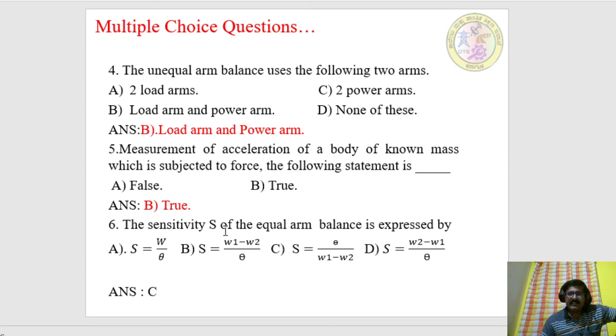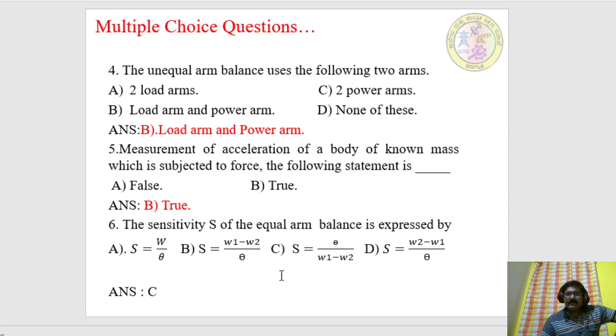The sensitivity S of the equal arm balance is expressed by, certain equations have been given here. Options A, S is equal to W by A, B, S is equal to W1 minus W2 by theta, C, S is equal to theta divided by W1 minus W2, D, option D, S is equal to W2 minus W1 by theta.